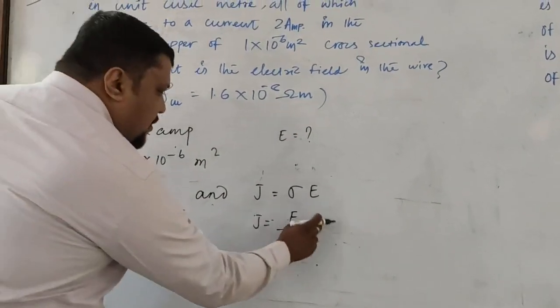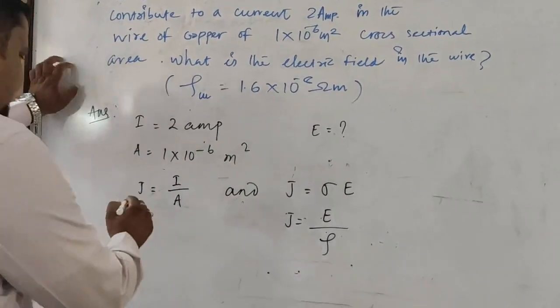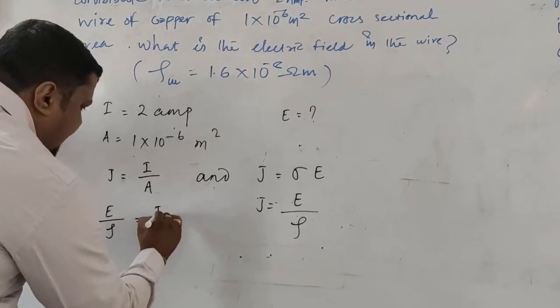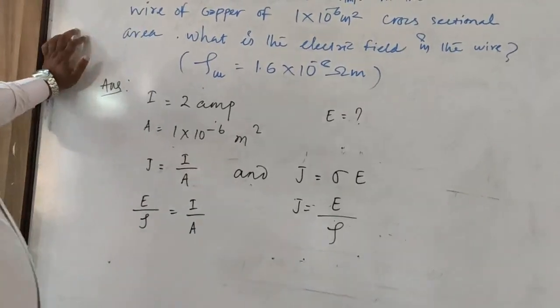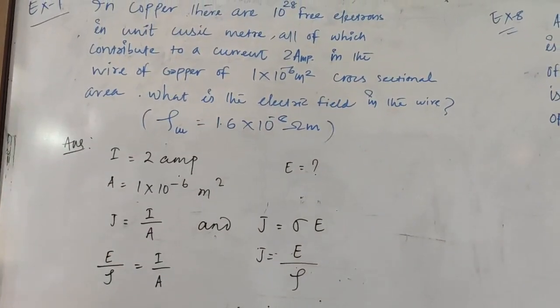So J is equal to E by rho, and J is also I by A.